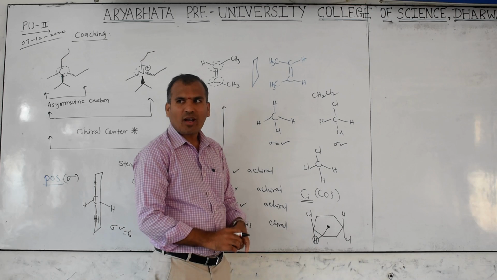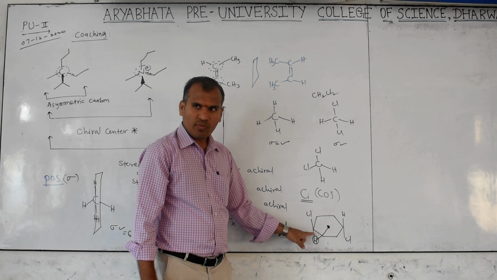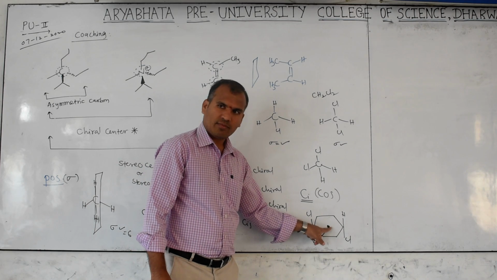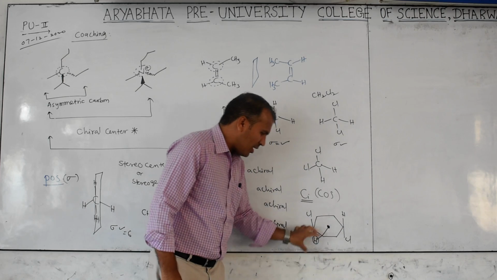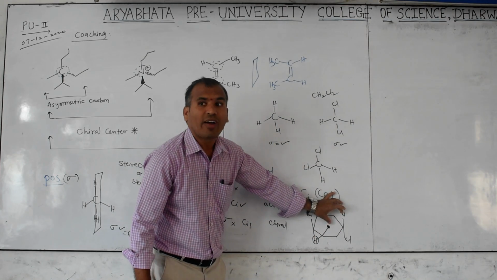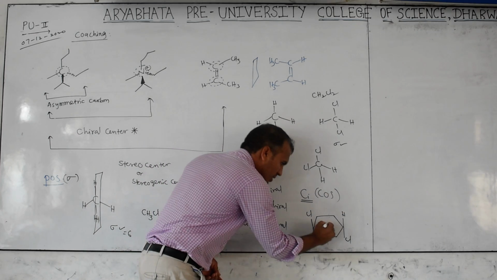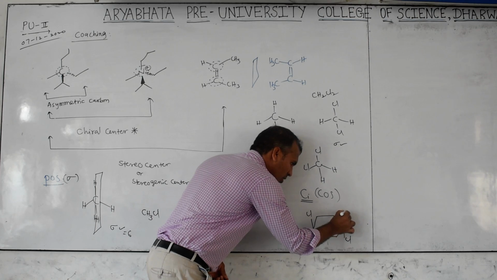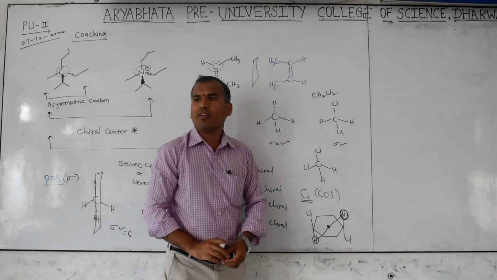Draw a line from any one of the atoms or groups through the center point. Extend the same length. Here, if it is 5 centimeters, then next also we have to extend how much? 5 centimeters. Extend the same length. I am extending here. Then, if you get the same atom or group, then it has the center of symmetry.